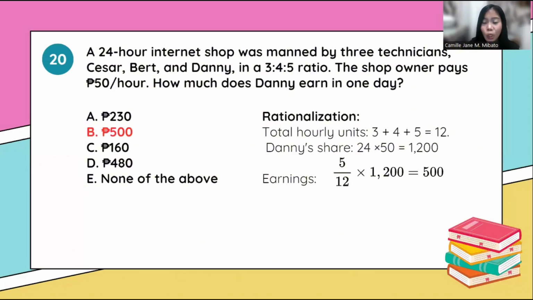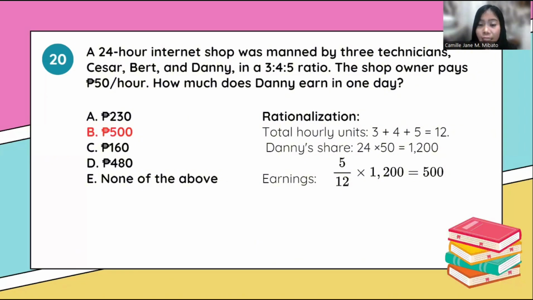Why? The total hourly units is 3:4:5. So if we add them all, 3 plus 4 plus 5 is equal to 12. And the total pay is 24 times 50, okay? 24 times 50 is equal to 1,200.